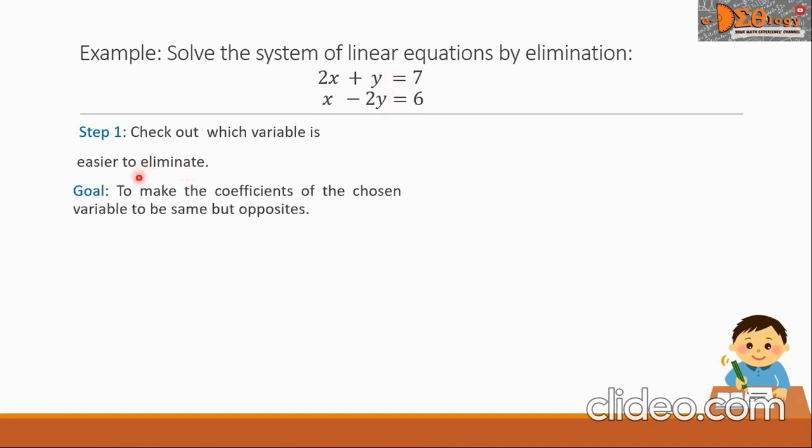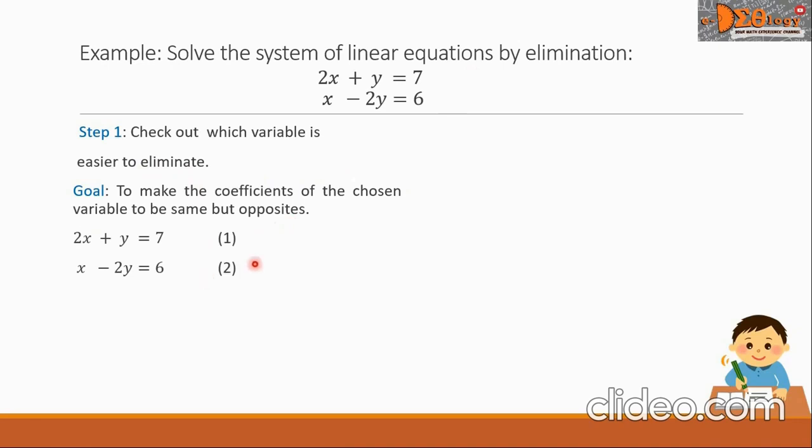And our goal here is to make the coefficients of the chosen variable the same but opposites, meaning they are of opposite signs. Let us copy these two equations down here.